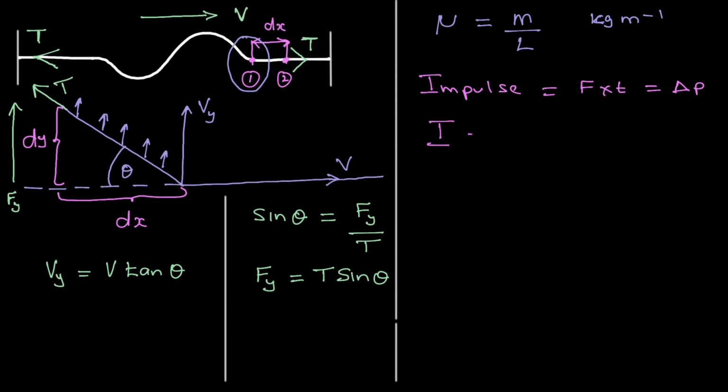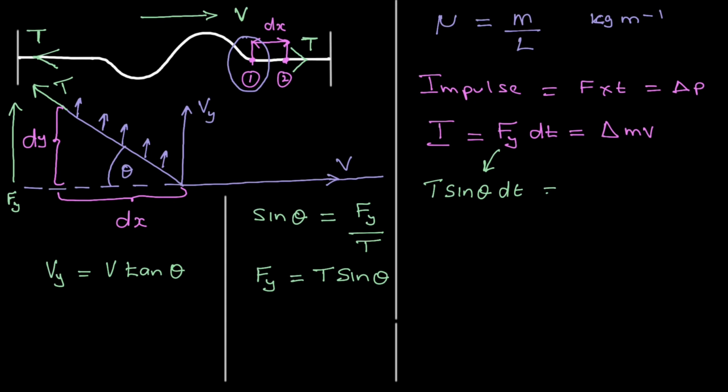Impulse I equals the force in the y direction times a small change in time, dt, and that equals the change in mass times velocity, because momentum is mass times velocity. I can replace the force Fy with T sine theta.